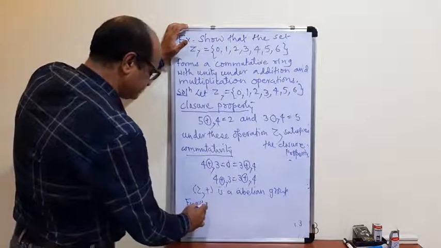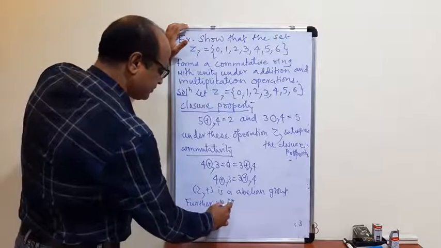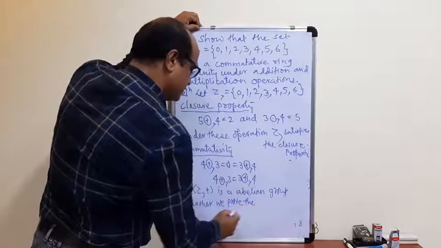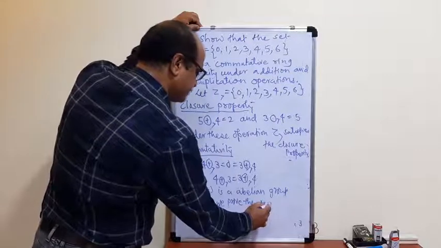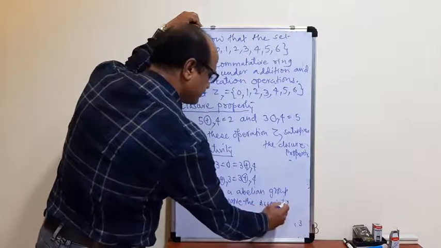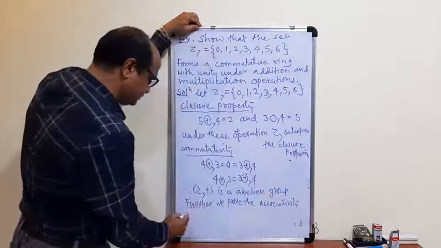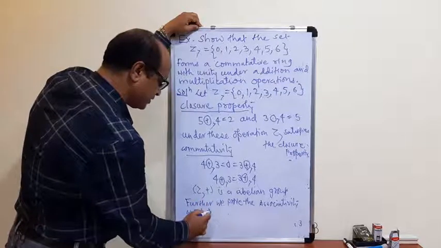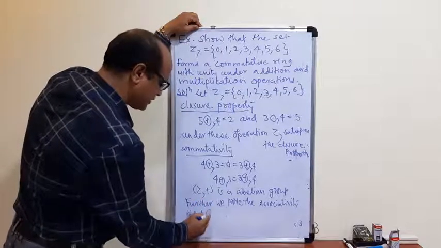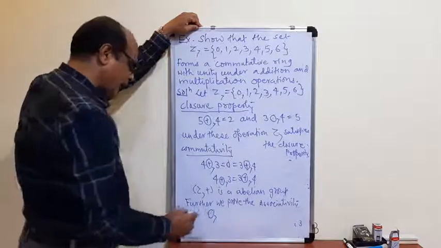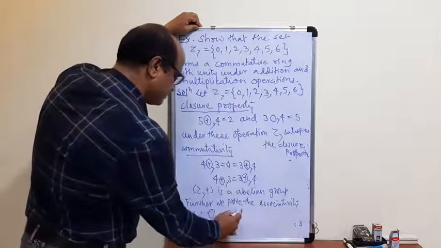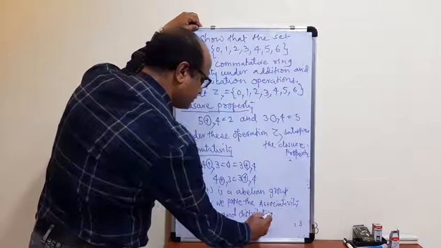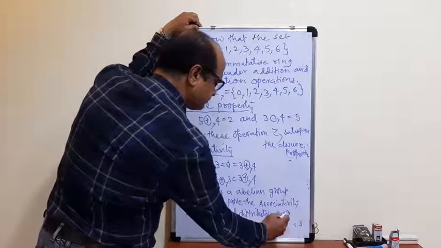Further, we prove the associativity with respect to the multiplication operation and the distributive property. This is very simple here.